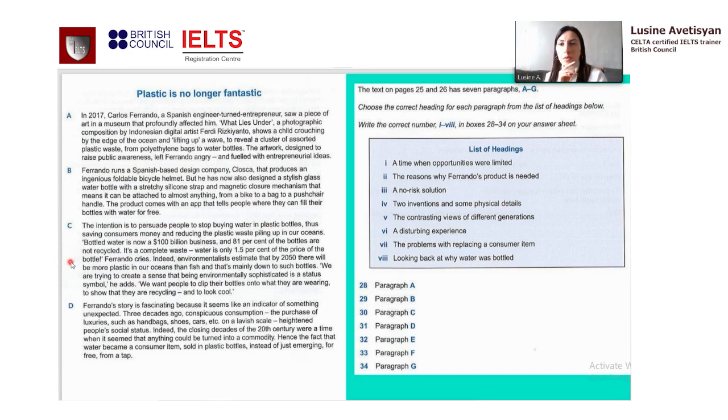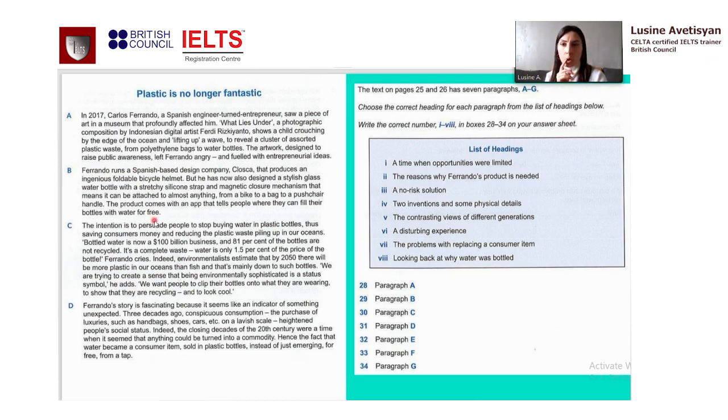Okay, going to paragraph C together. The intention is to persuade people to stop buying water. The intention is to persuade, so the reason is to persuade. Why was the product made? Because it has the intention to persuade people to stop buying water in plastic bottles, thus saving consumers money and reducing the plastic waste piling up in our oceans.